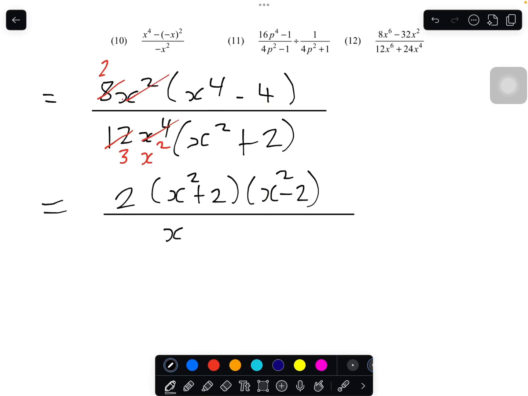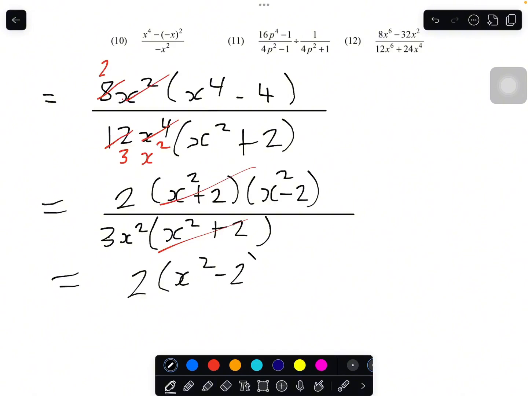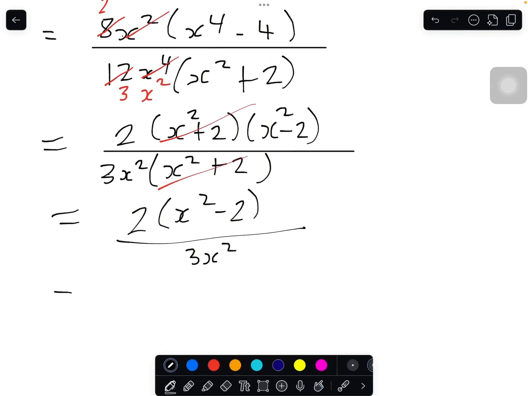So now we have an x squared plus 2. We can now cancel these off. And so we have 3x squared into this. And now I'm left with 2 into x squared minus 2 over 3x squared. Now the question is fully simplified. If we have to multiply that out, 2x squared minus 4 over 3x squared.